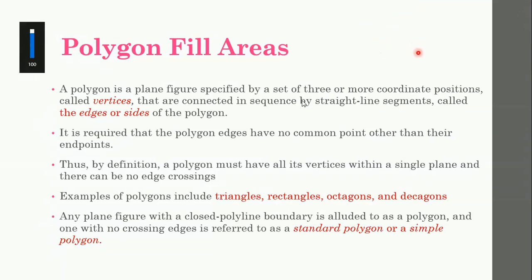And there can be no edge crossings whenever you have a polygon. Examples of polygons include triangles, rectangles, octagons and decagons. Any plane figure with a closed polyline boundary is referred to as a polygon, and one with no crossing edges is referred to as a standard polygon or a simple polygon.